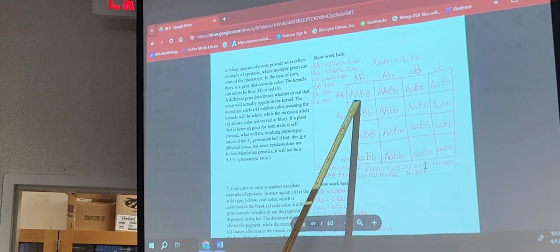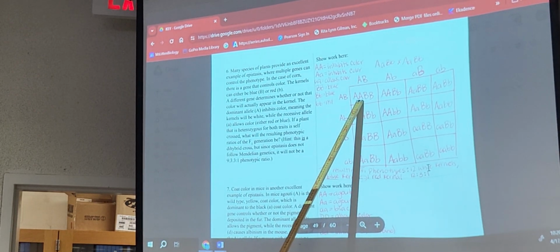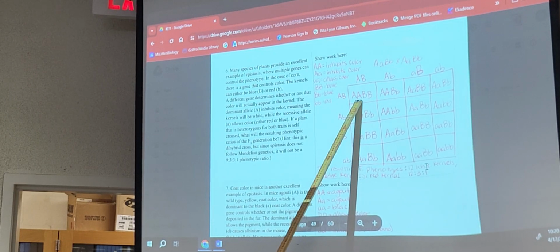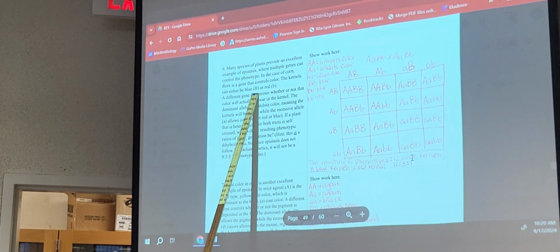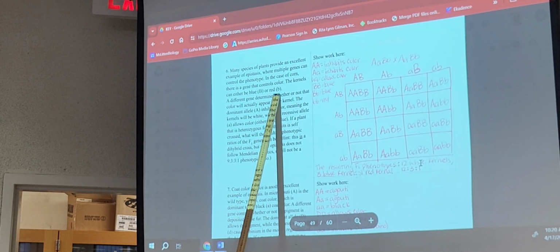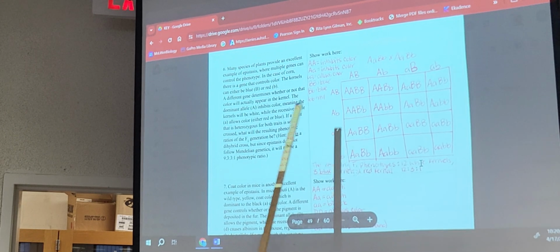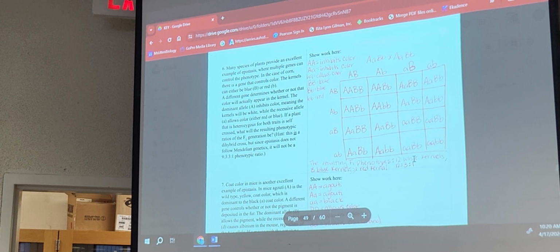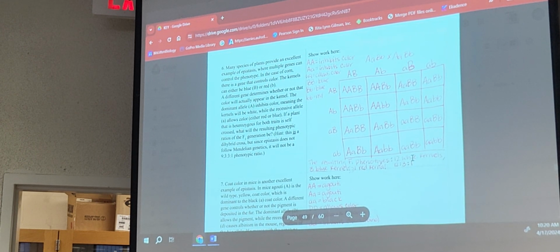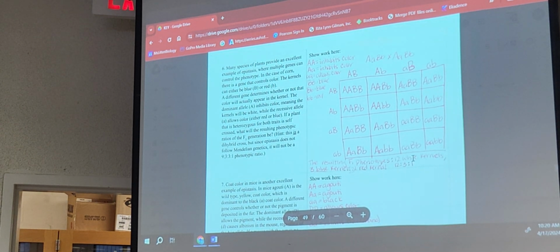What is this going to be? What will this one be? So if we look, blue is dominant, red is recessive, what will this one be? If it's not epistatic, it would be what color?